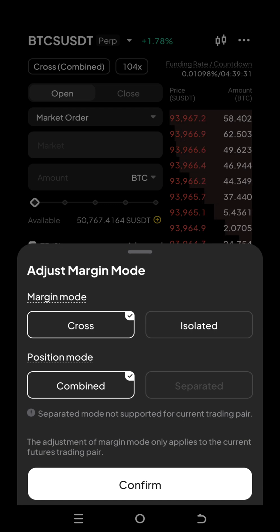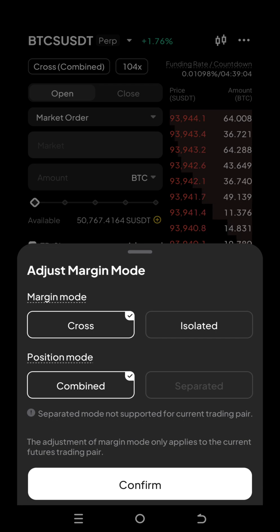So that's what cross and isolated margin does. Which means with cross margin, if the trade is going against you and you did not set your stop loss, it can blow your whole account. But on isolated margin, it will only focus on the amount that you put, so it will not blow your account. That is the disadvantage of cross margin.